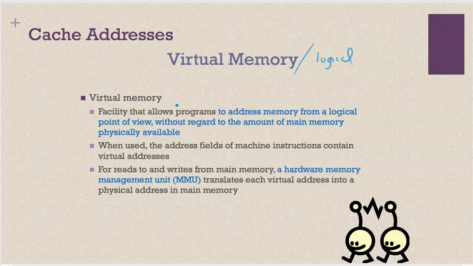This is what the program needs at that point in time, but it does not consider whether that memory is physically available or not, hence the name virtual. When used, the address fields of machine instructions contain virtual addresses. For reads and writes from main memory, a hardware memory management unit called the MMU translates the virtual address into a physical address in the main memory.